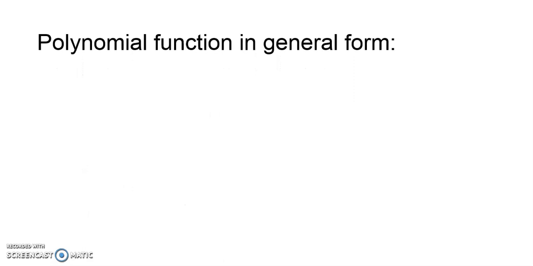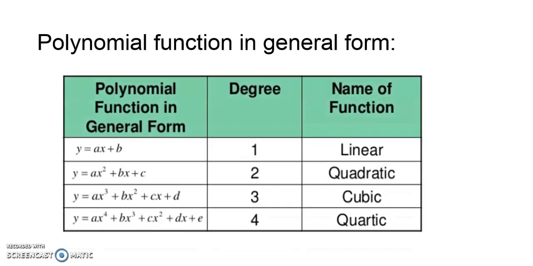The polynomial function in general form. I have written the general form of different polynomials. The name of each polynomial is written depending upon its highest degree. So this is the general form of a linear function, since the variable's highest power is 1. This is a quadratic function, and its general form is written here.